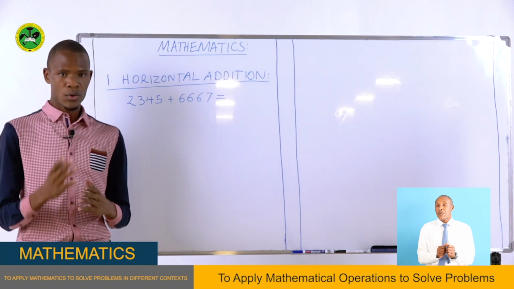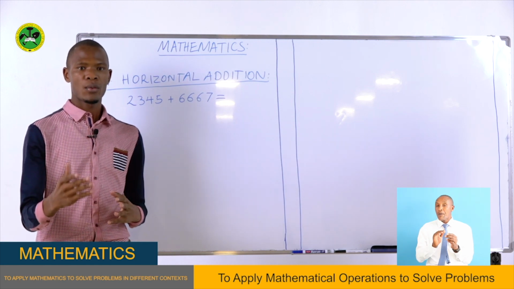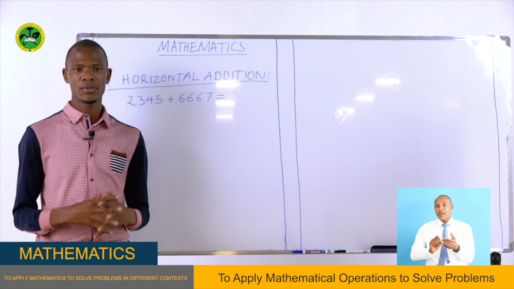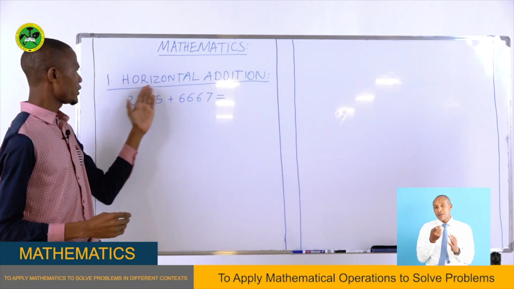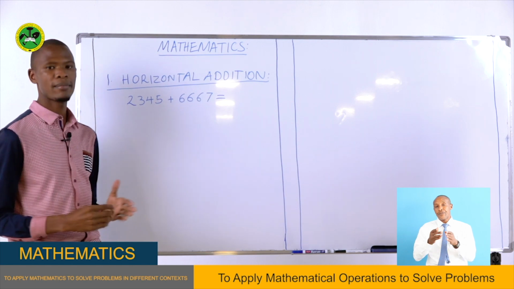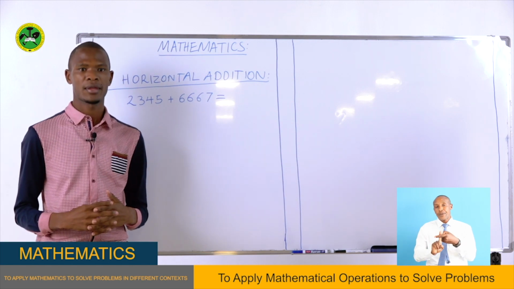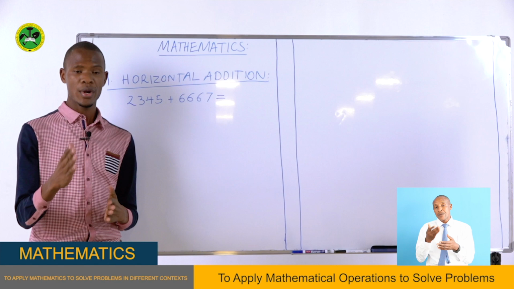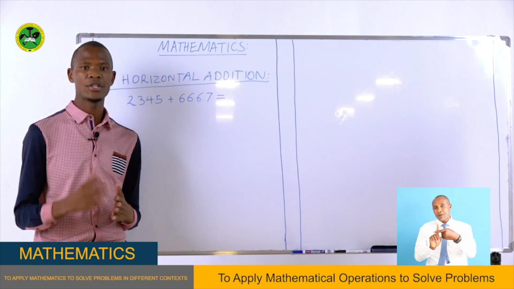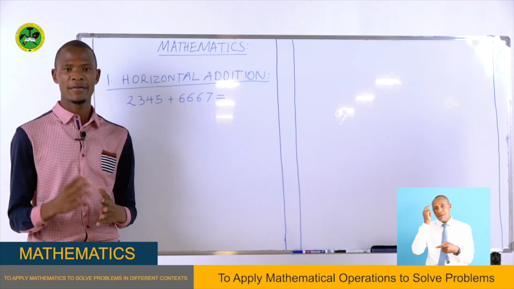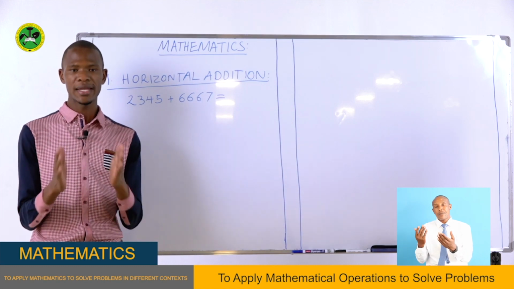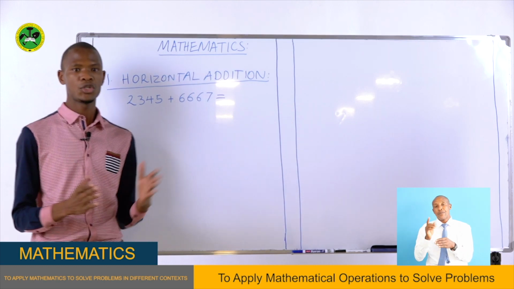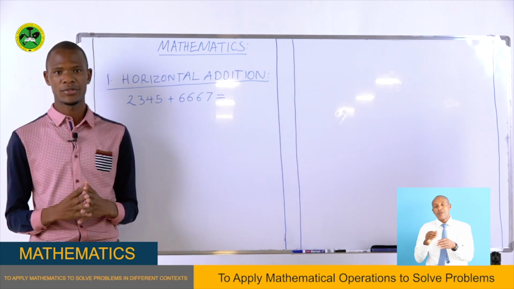This is how the horizontal way of writing numbers looks. So today we are going to use this method to add numbers. Don't forget that when we are adding these numbers, we need to consider the place values. So today we are going to use tally in order to do these operations.